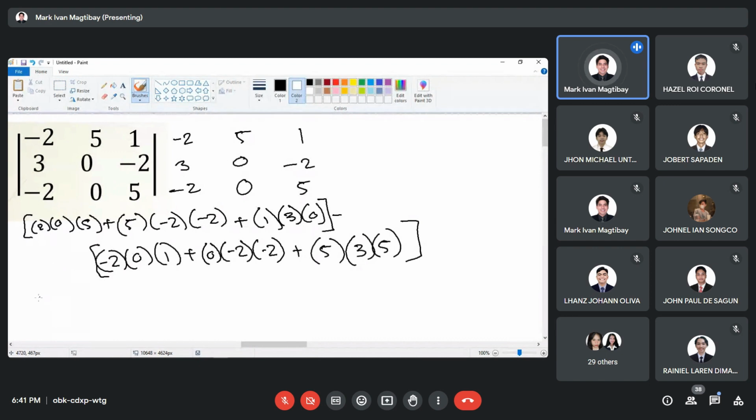Okay? So simplify po natin. So kita po natin multiplication may 0. So pwede na po natin equate as 0 itself. Okay? Plus negative 2 times negative 2 is 4 times 5 is 20. Plus may 0 ulit. So pwede na natin gawin 0 yan. Minus may 0 ulit. Plus may 0 po ulit. Plus 5 times 5 is 15 times 5 is 75.